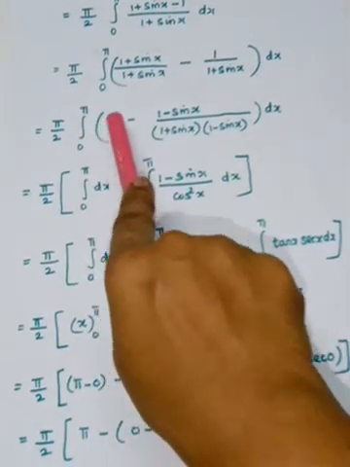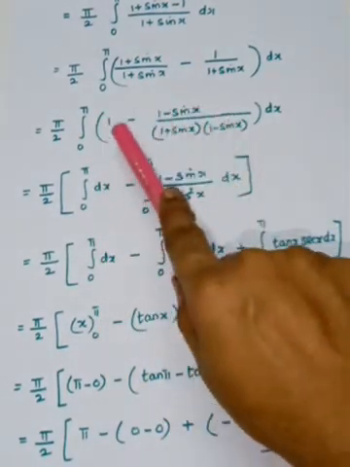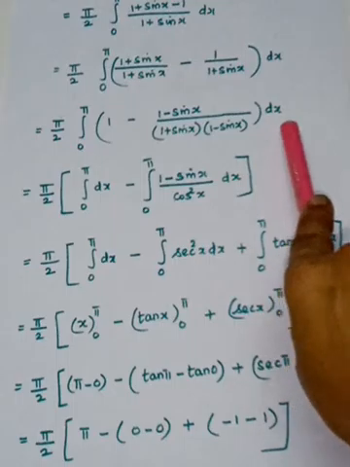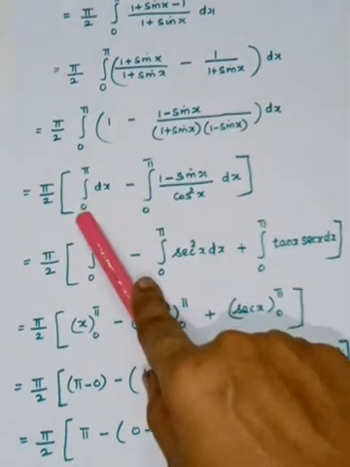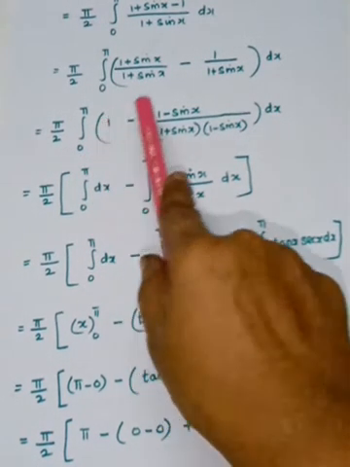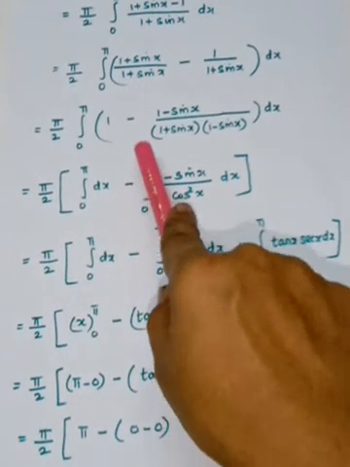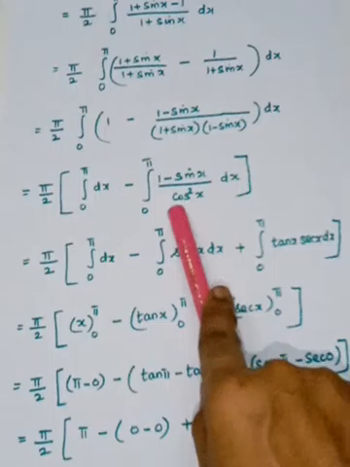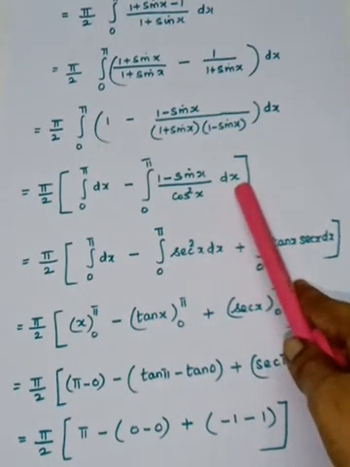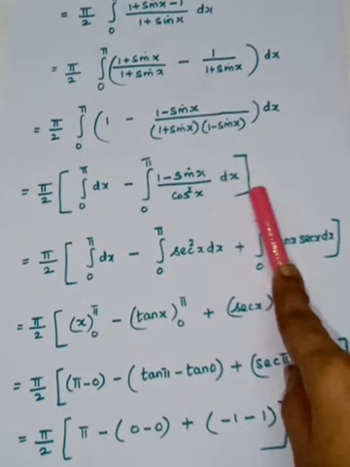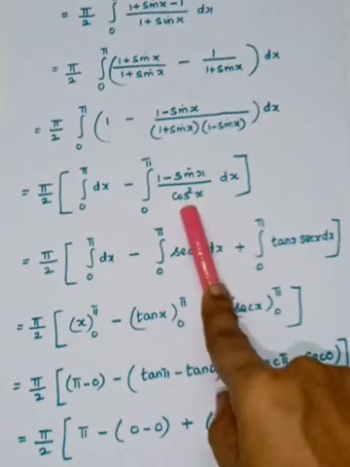So here I am going to write the integral separately. So it is integral 0 to pi 1 into dx is dx, minus integral 0 to pi 1 minus sin x divided by cos squared x into dx. Here the denominator is cos squared x.